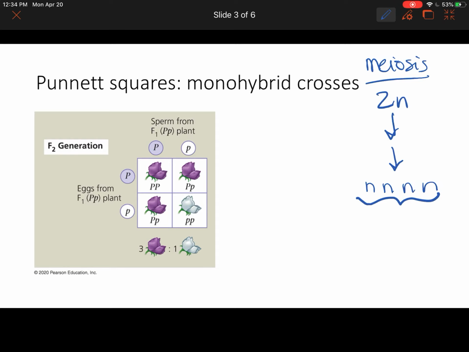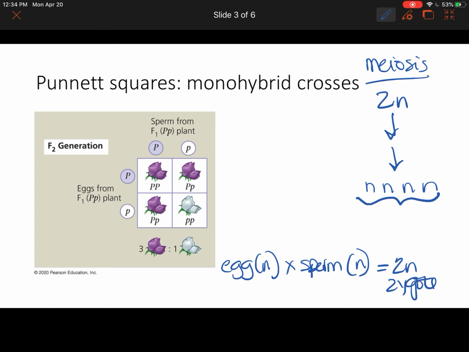All right, so how can we use Punnett squares to predict the offspring of particular genetic crosses? When we're talking about offspring, we are talking about an egg cell, which is haploid, crossing with a sperm cell, which is also haploid, to produce a diploid zygote or fertilized egg cell.